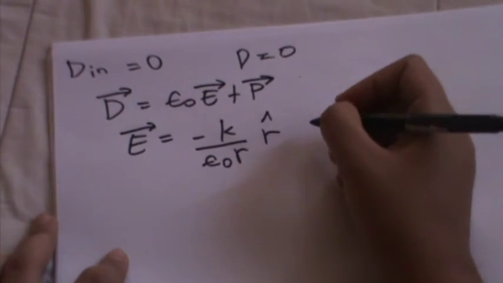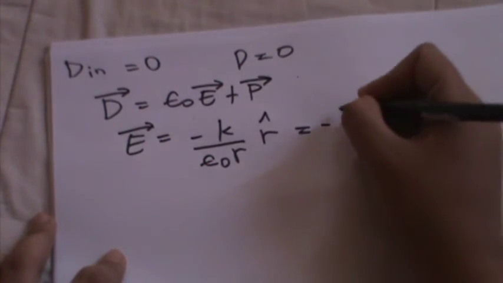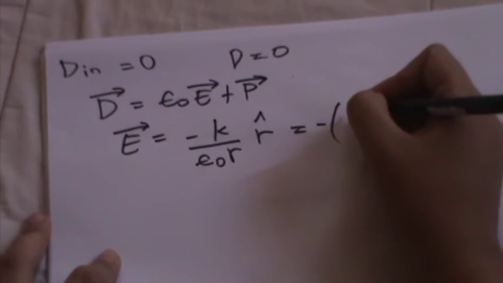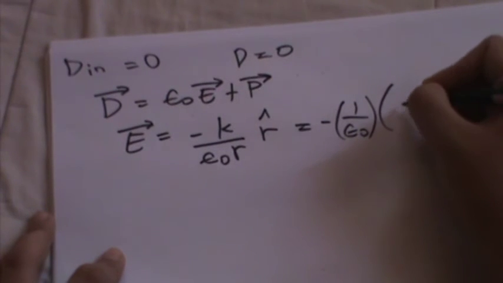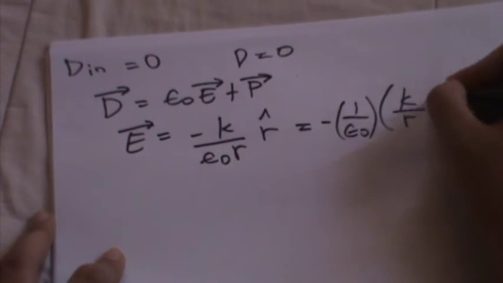So it can also be equal to negative 1 over epsilon naught multiplied by K r hat.